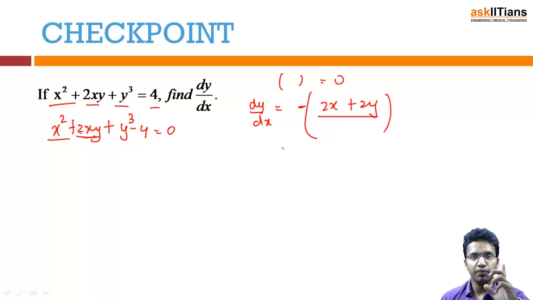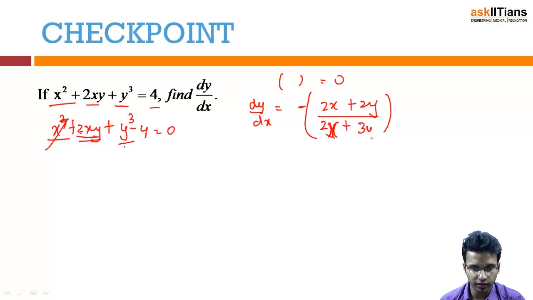The denominator will keep x as constant and differentiate with respect to y. Now with respect to y, this will be 0, this will be 2x, sorry, not 2y, 2x. And then y cube will give 3y square, and that will be 0. Now this is the direct formula.